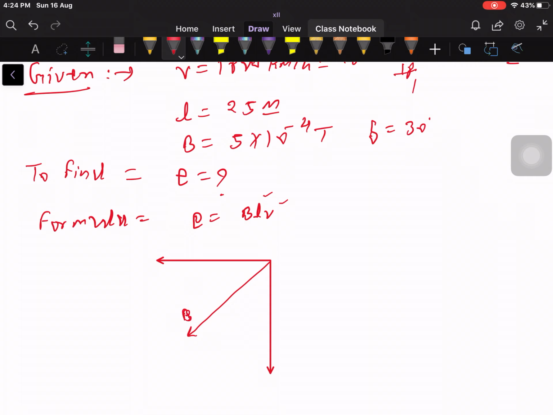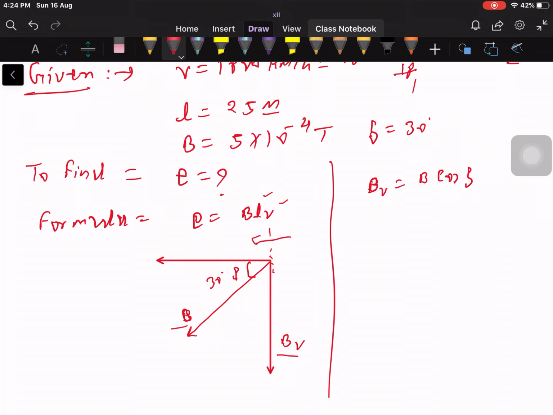B, and the plane is going in this direction, means it is intersecting the vertical component of the magnetic field. The angle given is 30 degrees. So I can say what is the relation between these two, B and BV. BV means the vertical component of Earth's magnetic field. So I can say BV is equal to B cos delta.